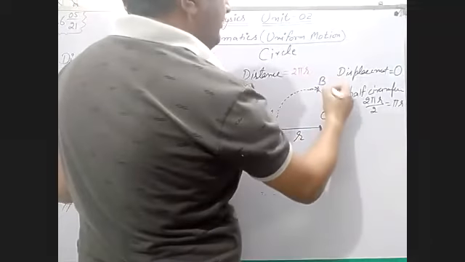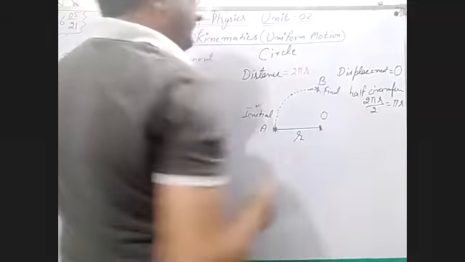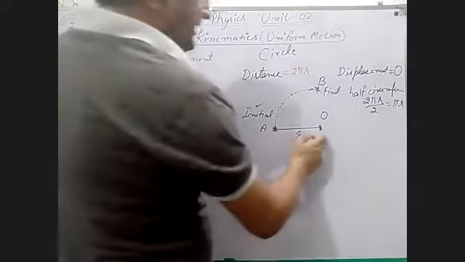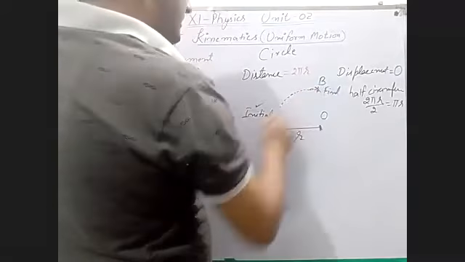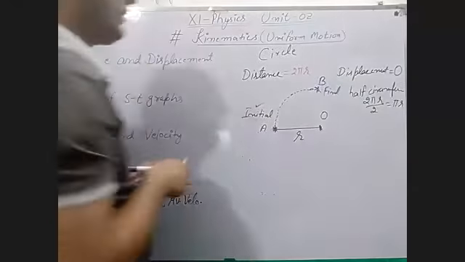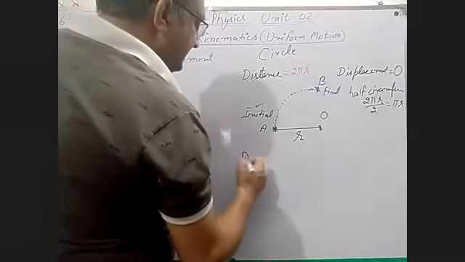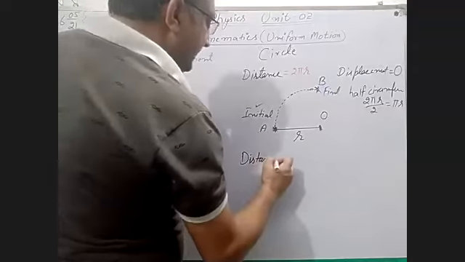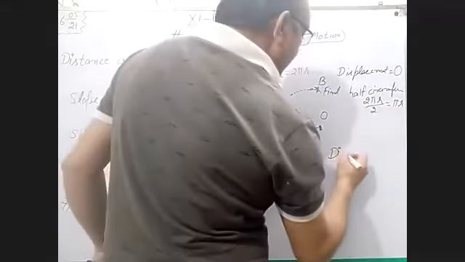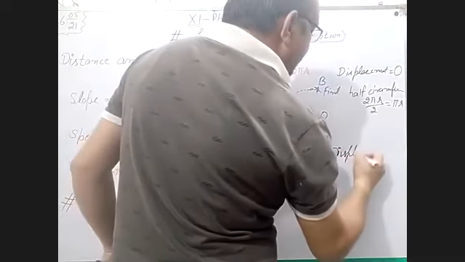Now our final point is here. R is the radius, and this is the initial and this is the final point. Now let us take the value for distance and displacement again. What is distance and what is displacement in this case?